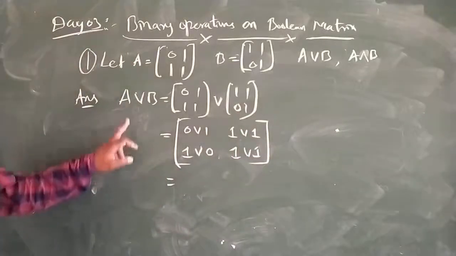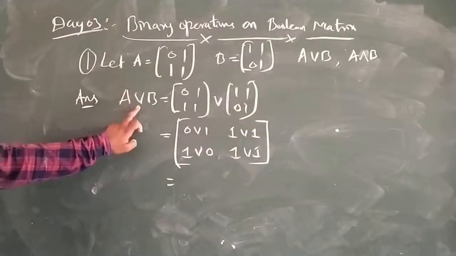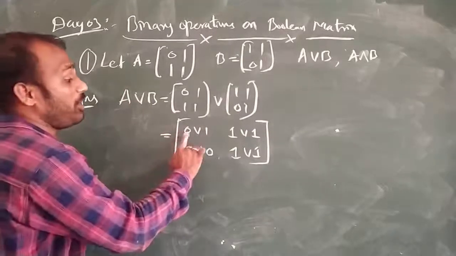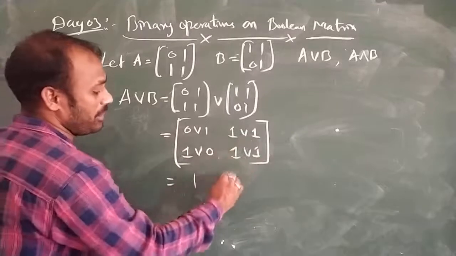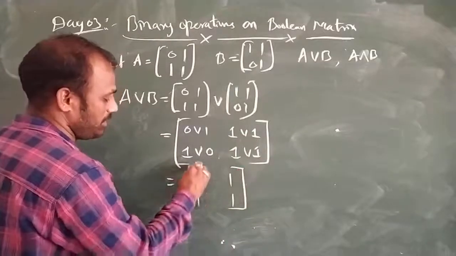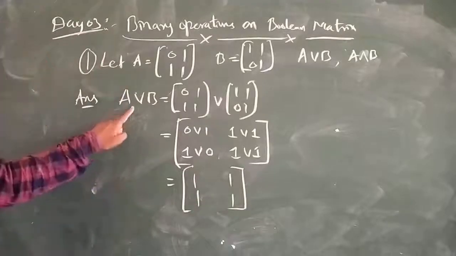Already I said that whenever a join operation is there, we have to take only the maximum value. Between 0 and 1, what is the maximum value? 1. Here also 1, here also 1, here also 1. So this is the join matrix.